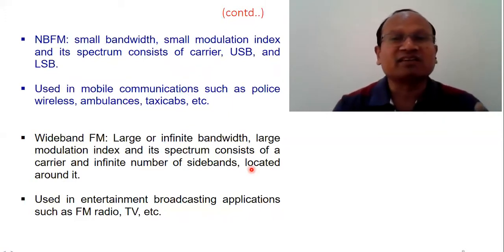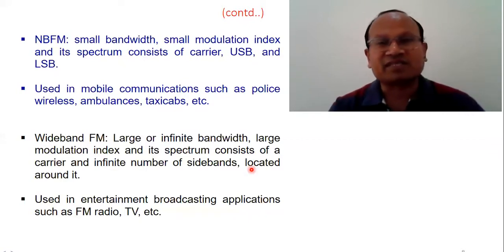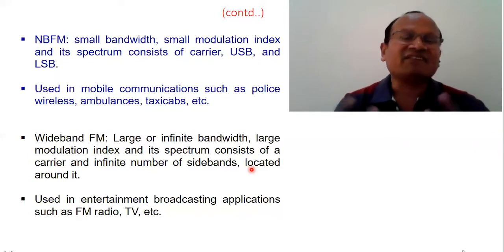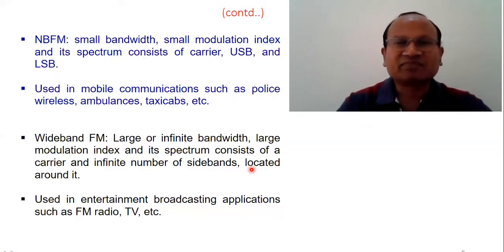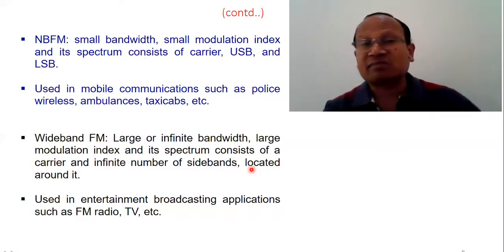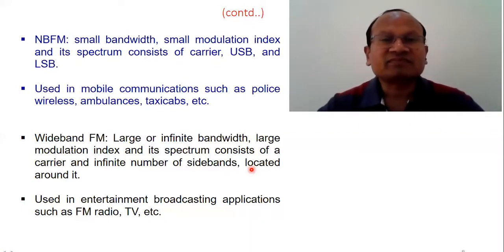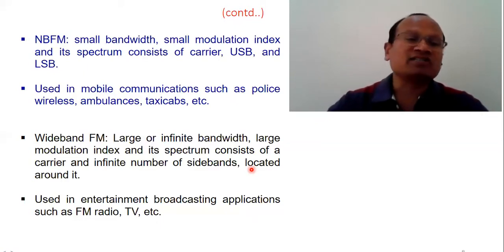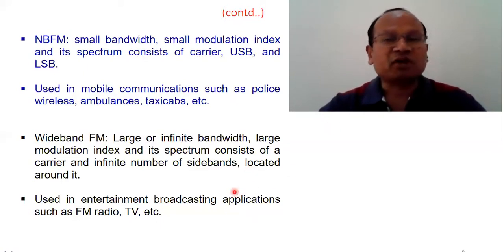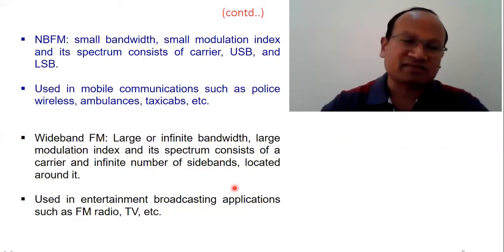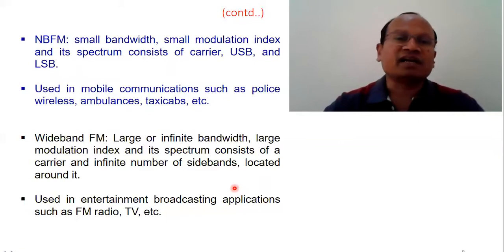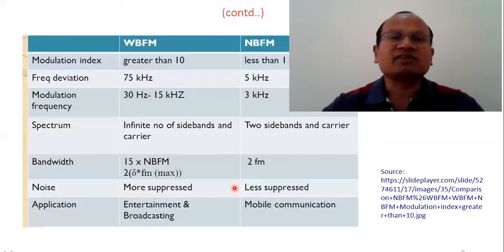Infinite sidebands means infinite bandwidth, which is not achievable, so we say a large number of sidebands and a huge amount of bandwidth. Therefore it is used in the entertainment and broadcasting industry, such as FM radio and TV.